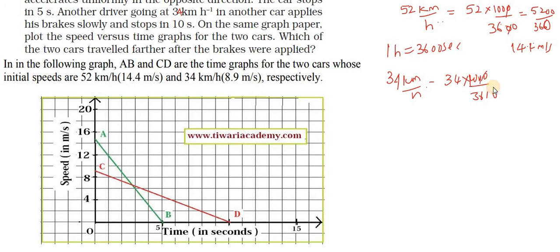The zeros get cancelled, and simplifying this I get 8.9 meter per second. So this is the solution. Draw this on graph sheets. There is one more part to the solution.